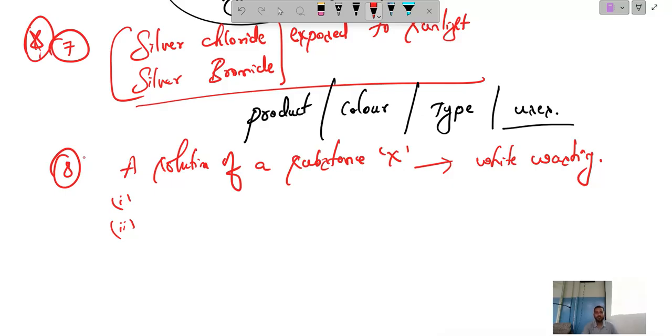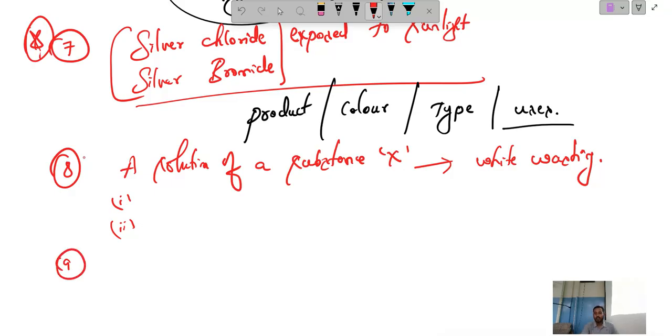Write the reaction of substance X named in option 1 above with water.